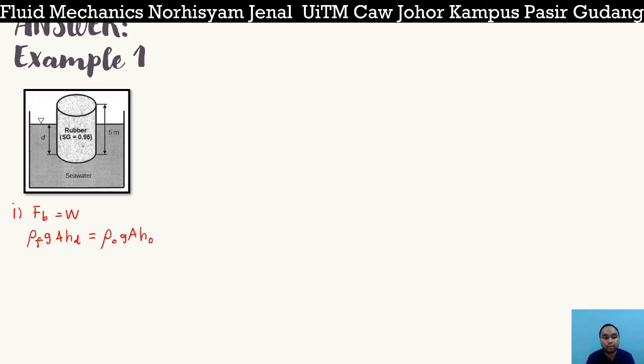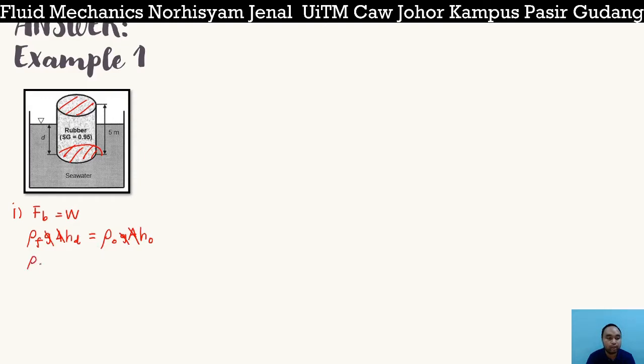Because the rubber buoy is a cylinder, we don't have any load on top, and we can see the surface area to be uniform from top to bottom. So we can consider that the area for top and the bottom should be the same, and gravitational acceleration should be the same also.